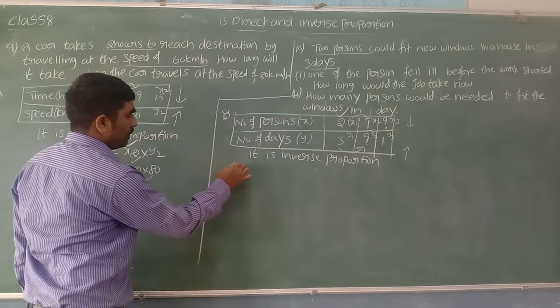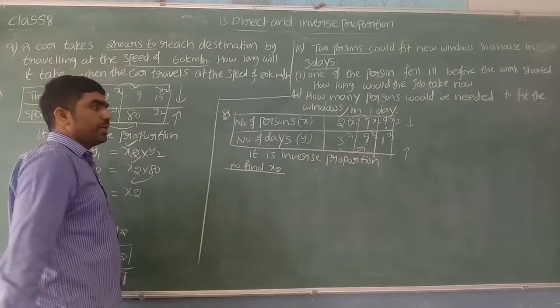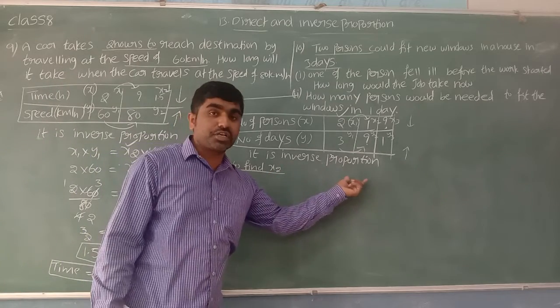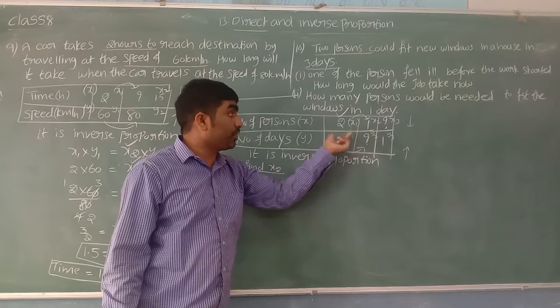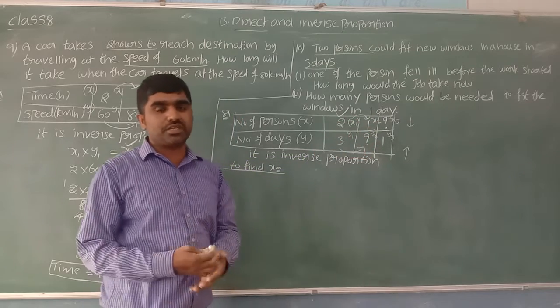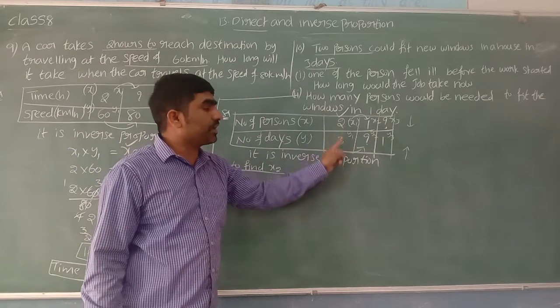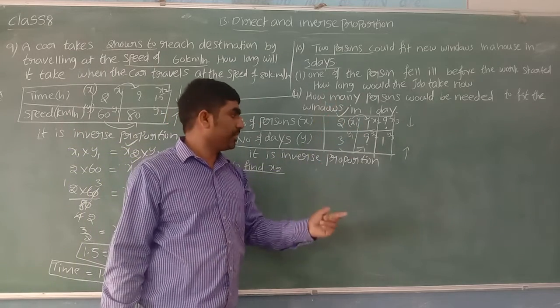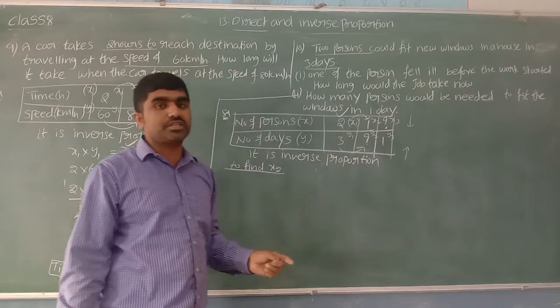Now, how can I find x2? If it is inverse proportion, we have a condition: the product of corresponding values remains the same. If it is direct proportion, the ratio of the corresponding values remains the same. If it is inverse proportion, the product of corresponding values remains the same.